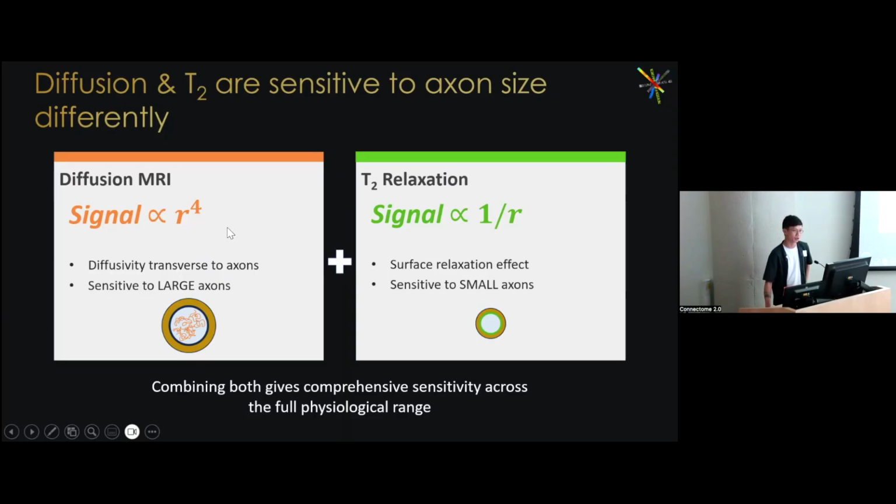Thus, the T2 models might not be reliable there. Meanwhile, with T2 relaxation, because the signal is proportional to the inverse of R due to the surface relaxation effect, this contrast is actually very sensitive to small axons. So by combining both together, this might give us comprehensive sensitivity across the full physiological range, not just for healthy tissue, but also for diseased tissue.